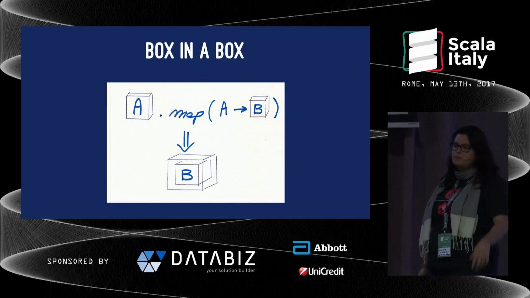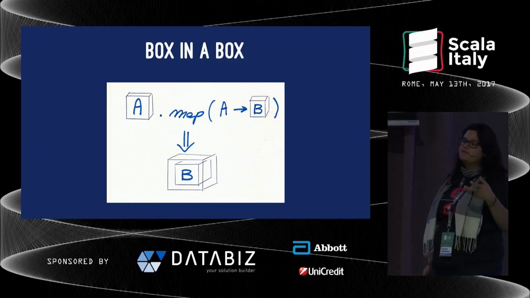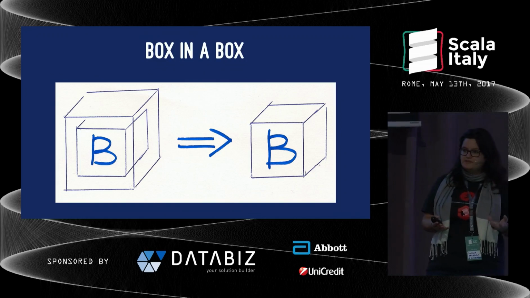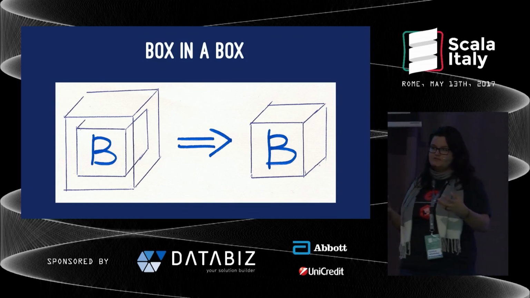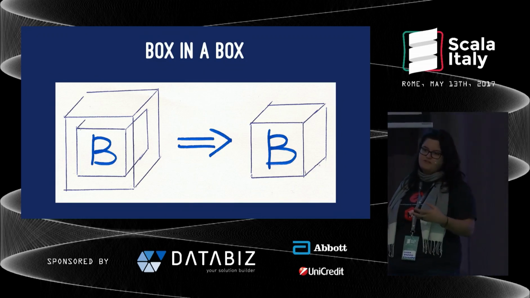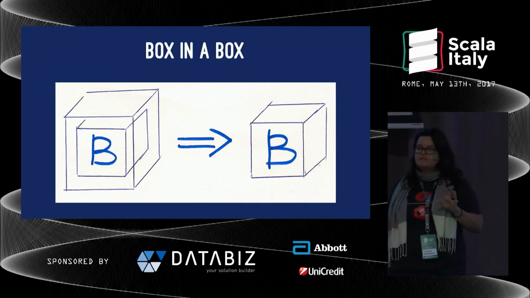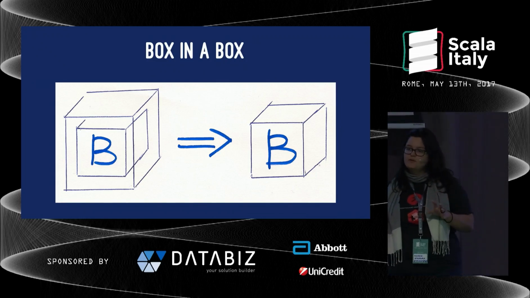So what do we do? We need to have a way of, if I have 2 boxes, then I need to just have 1 box. It's, I would say, basically the same of what we saw before with the monoid.